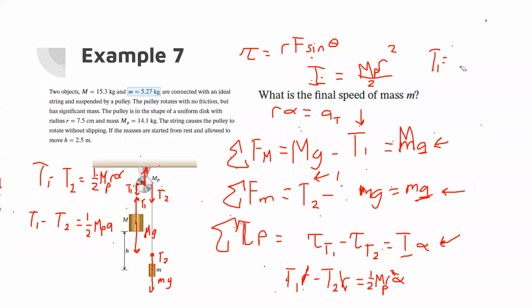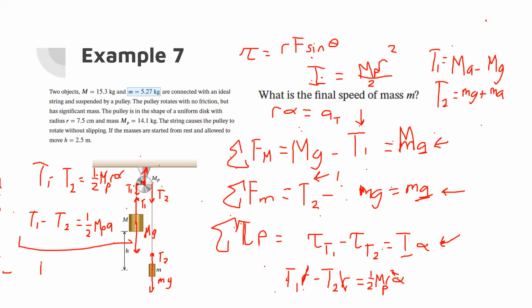It should be capital Ma minus capital Mg, like this. And then tension 2 is equal to lowercase mg plus ma, like that. And then I can substitute those into my equation down here.